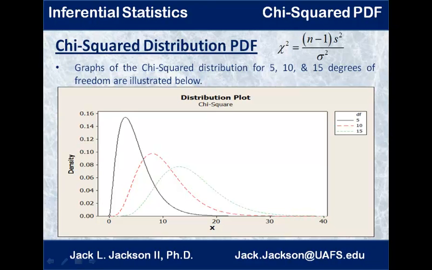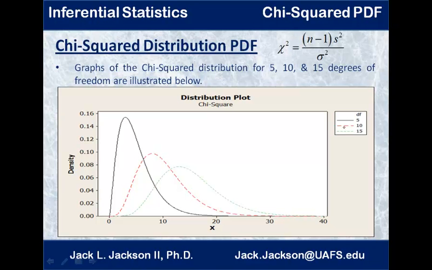They all start right here at 0, 0. This is for degrees of freedom 5, 10, and 15, so that means samples of size 6, 11, and 16. And notice it goes up, maxes out, comes back down, but it comes back down more gradually, and so all of these are skewed to the right.